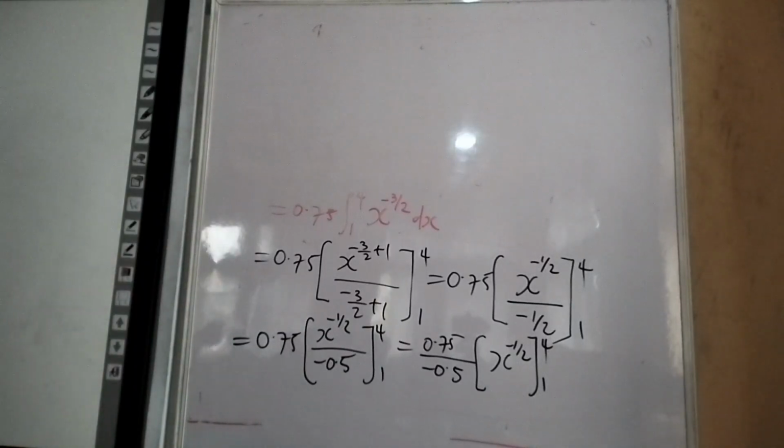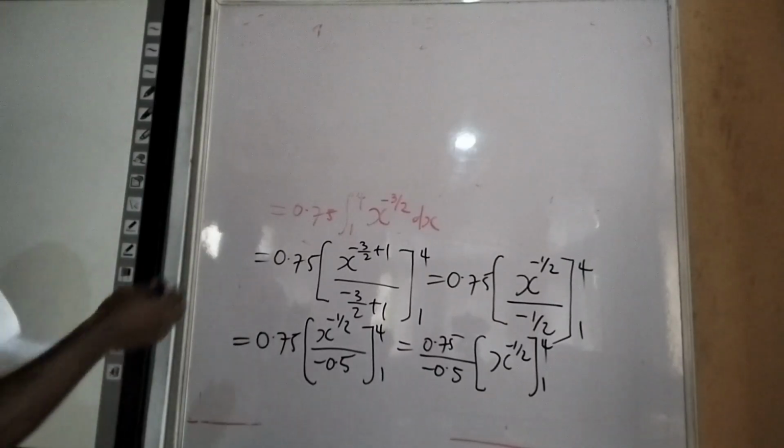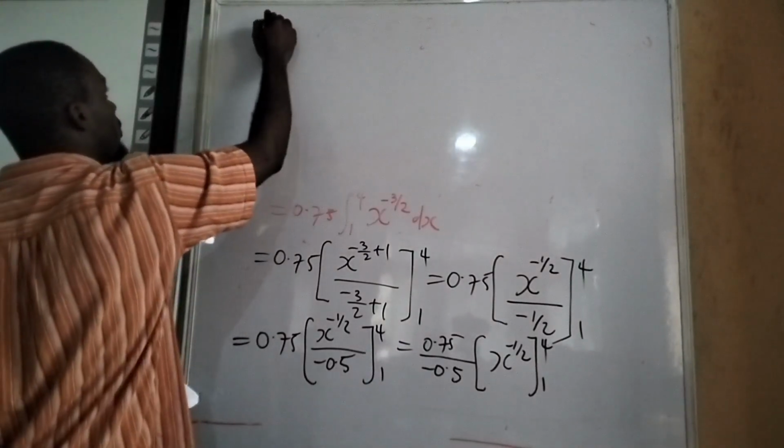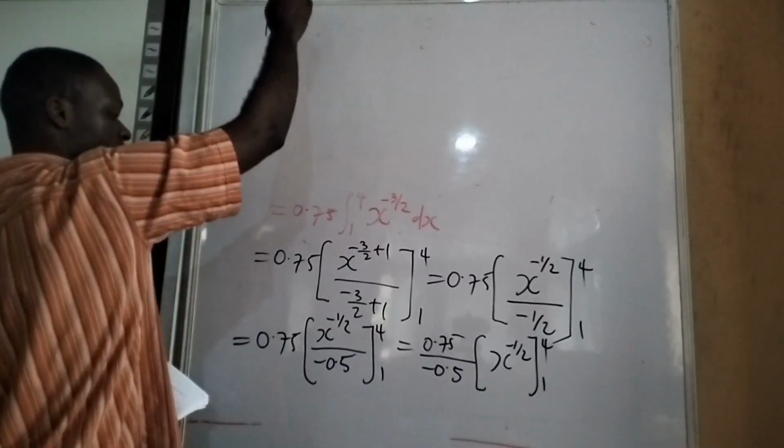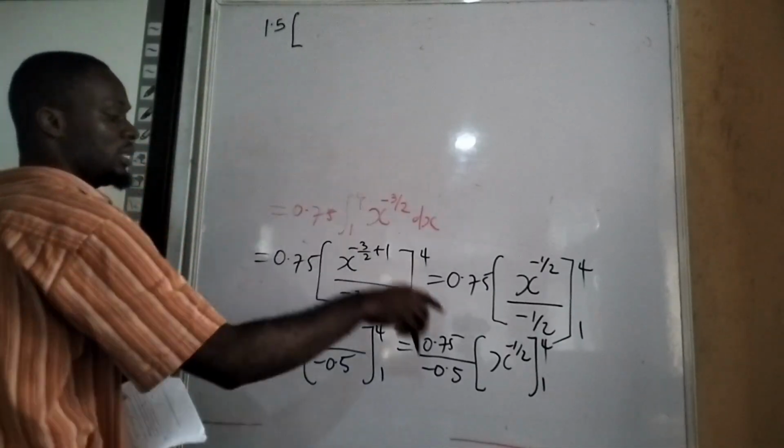Punch 0.75 over 0.5, meaning 3 over 2. So it gives us 1.5.